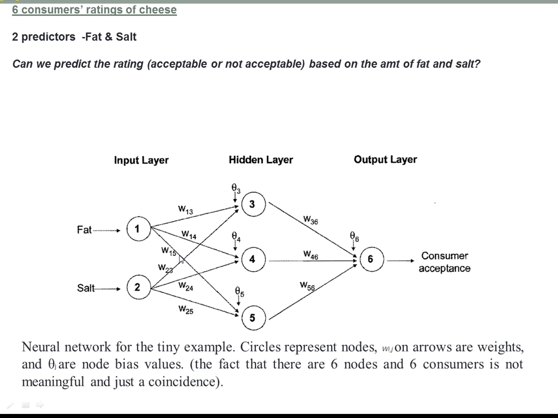The fact that there are 6 nodes and 6 cheeses is not meaningful and just a coincidence. You might think maybe that's why there are 6 nodes here, but no, it has nothing to do with anything. Okay? Any question so far?